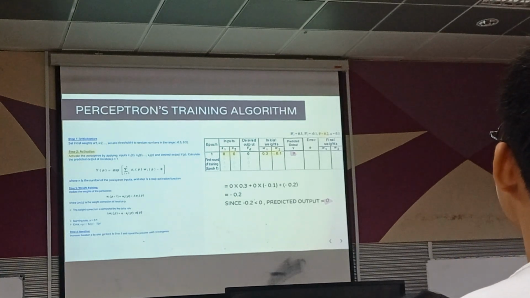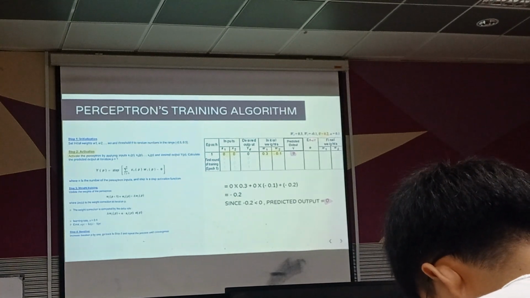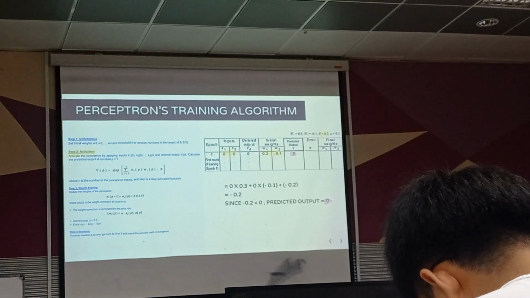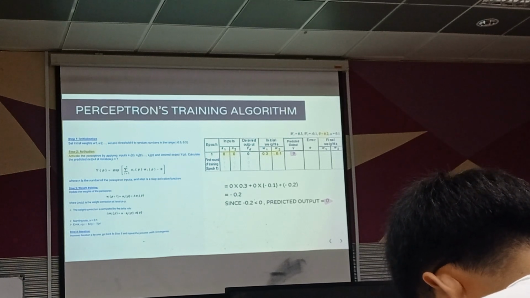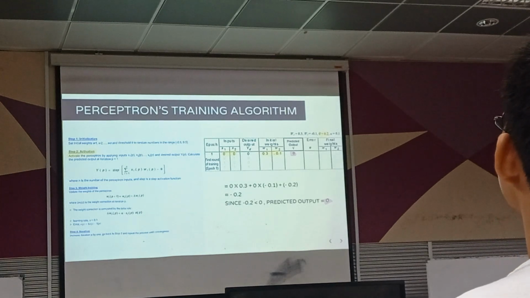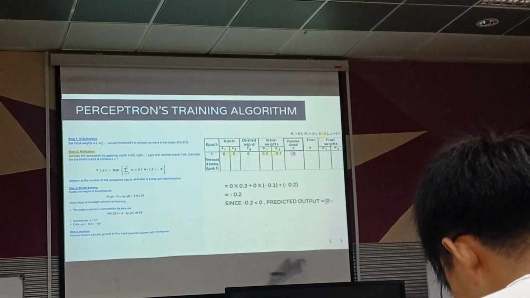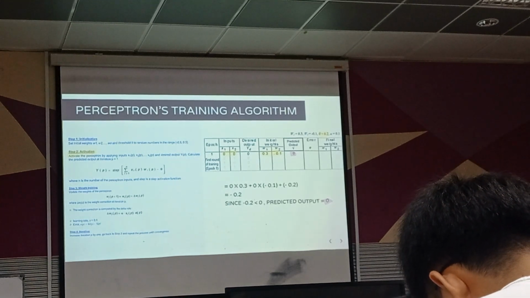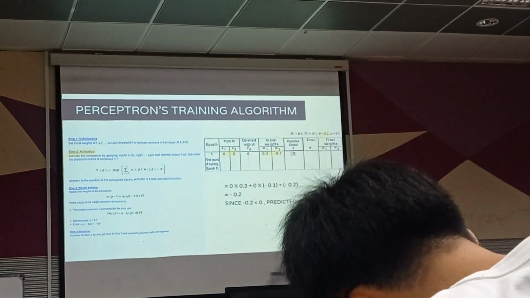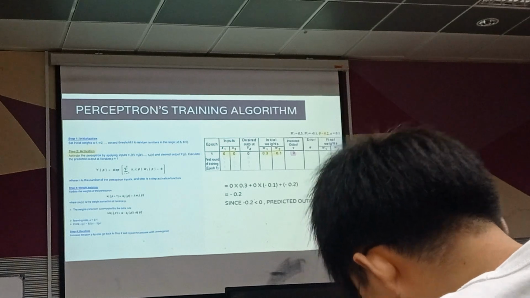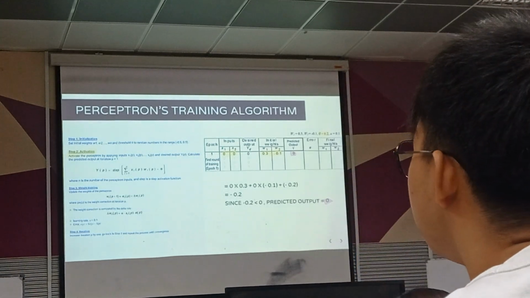Okay, so now what is the threshold value? The threshold value here is 0.2. So now, is the 0 less than 0.2 or 0 more than 0.2? Less than 0.2. Anyone say 0 is more than 0.2?